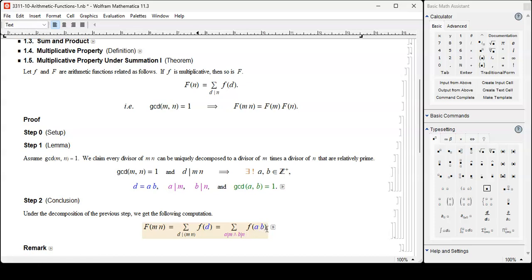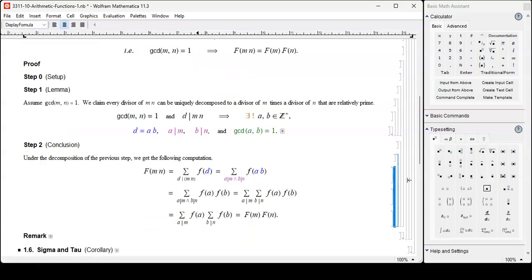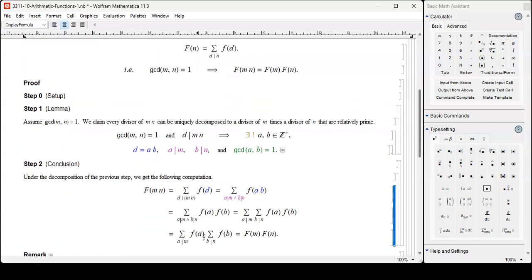And then remember, a and b are relatively prime. See, relatively prime. And then small f is multiplicative. So this small f of a times b can be decomposed further into this: f of a times f of b, like this.